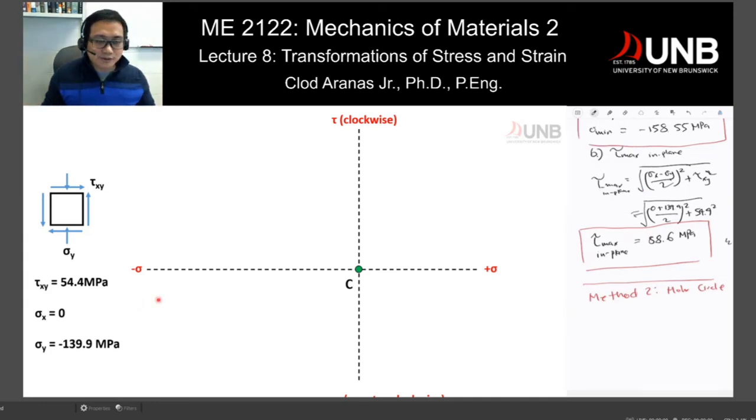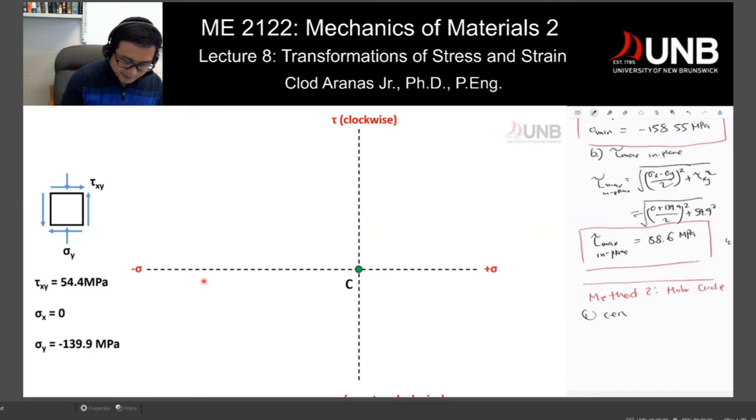Now, for method number 2, again, the first thing is to locate the center of your circle. And that's just your sigma average, which in this case is the sum of x and y over 2.